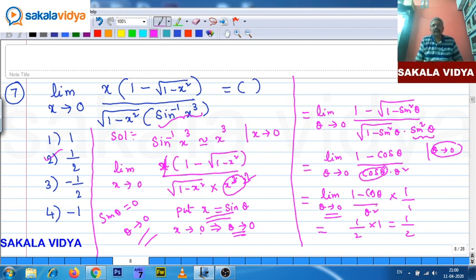I separated both the limits. Limit theta tends to 0, (1 minus cos theta) by theta square, and also limit theta tends to 0, 1 by cos theta. So, 1 by cos theta means cos 0, 1. This is already discussed. (1 minus cos theta) by theta square is 1 by 2 into 1 equal to 1 by 2. So, option is 2.